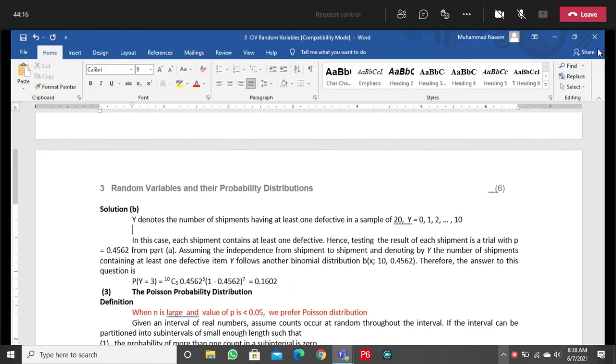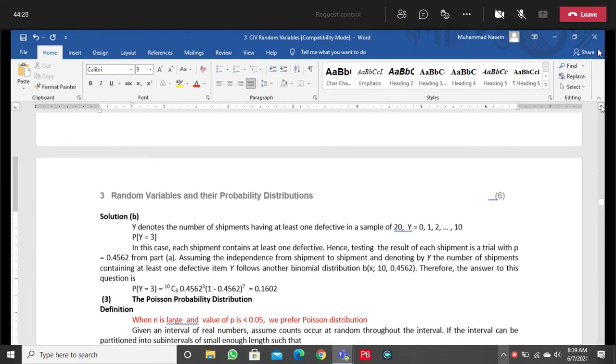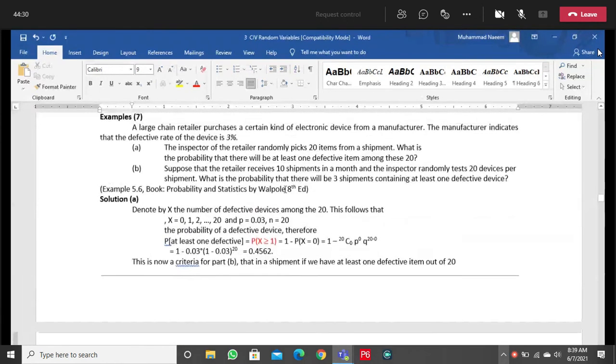And this is required: Y is equal to 3. We require this. Look at the statement once again.